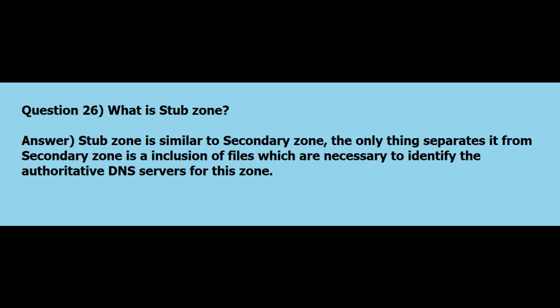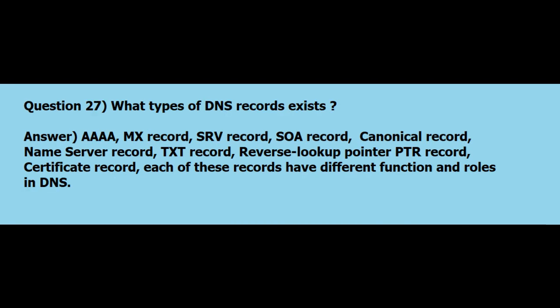Question 26. What is stub zone? Answer. Stub zone is similar to secondary zone. The only thing that separates it from secondary zone is an inclusion of files which are necessary to identify the authoritative DNS servers for this zone. Question 27.